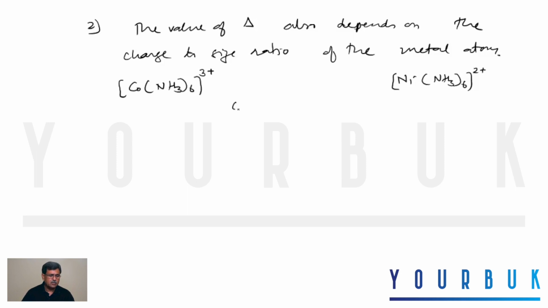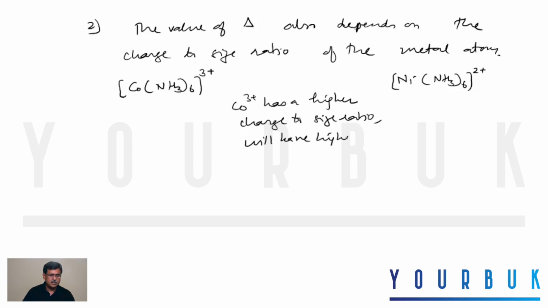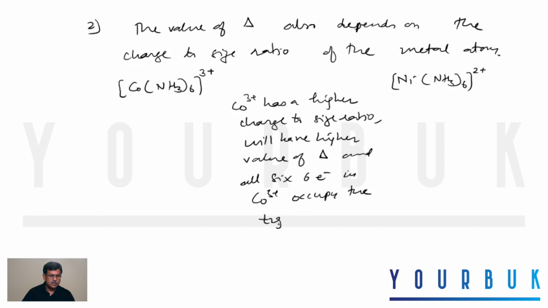Now in this case, cobalt 3 plus has a higher charge to size ratio, or higher charge density. As a result, it will have a higher value of delta, and all 6 electrons in cobalt 3 plus occupy the t2g orbitals.